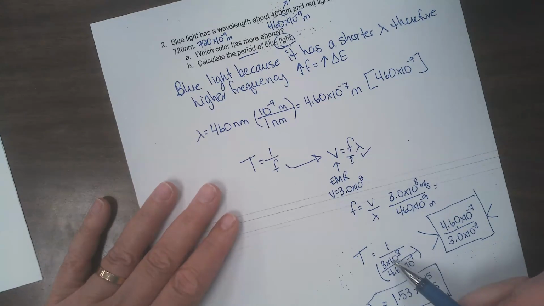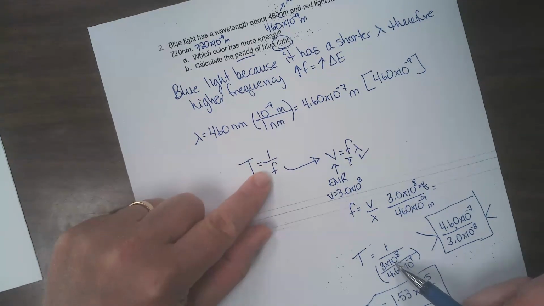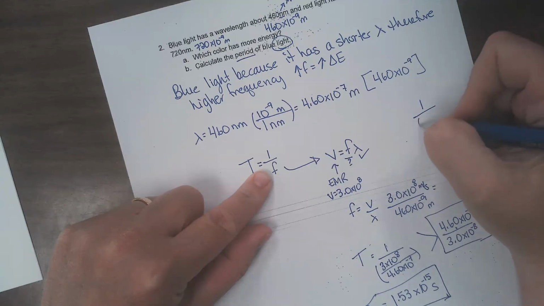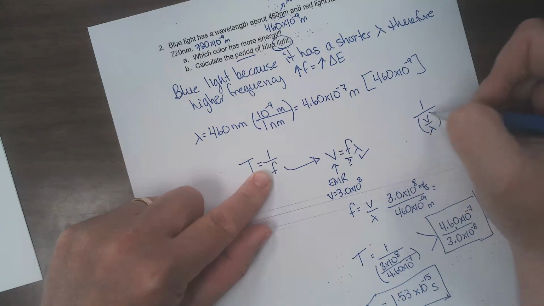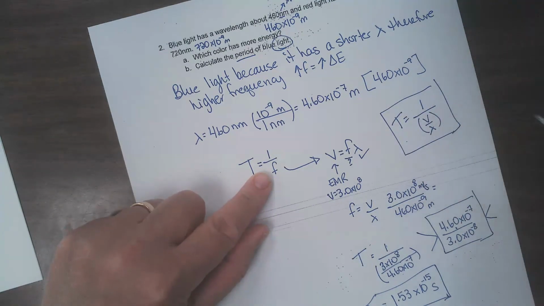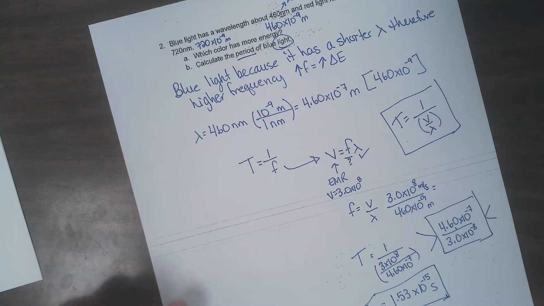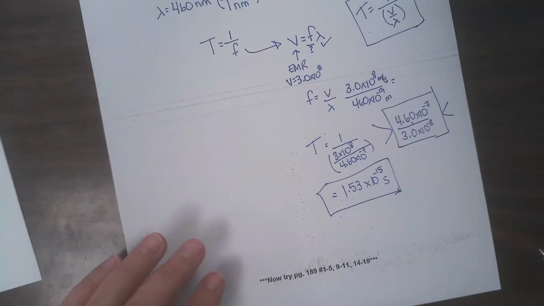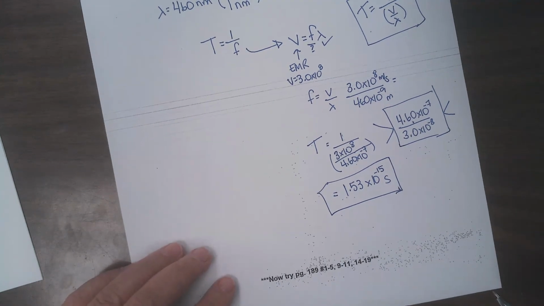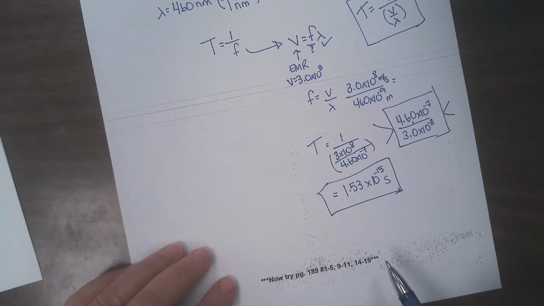This is legitimately what this is written as: 1 over the frequency. It's 1 over velocity over lambda. Okay, period is equal to. It's another way of looking at the formulas. If you're not all confused and you got this figured out, the math is not hard. The concepts are a little trickier.